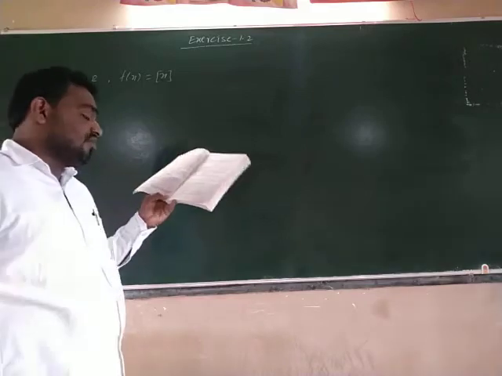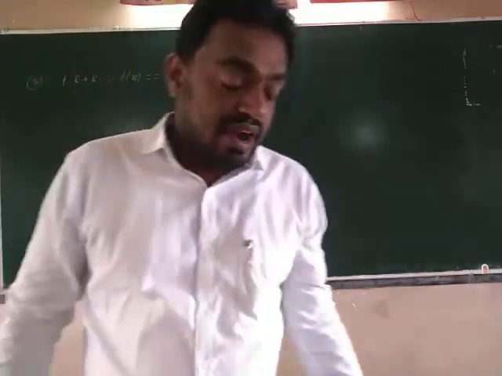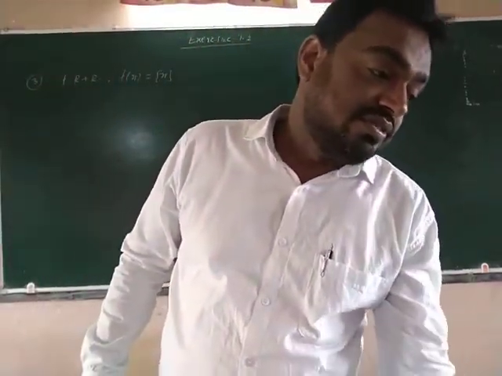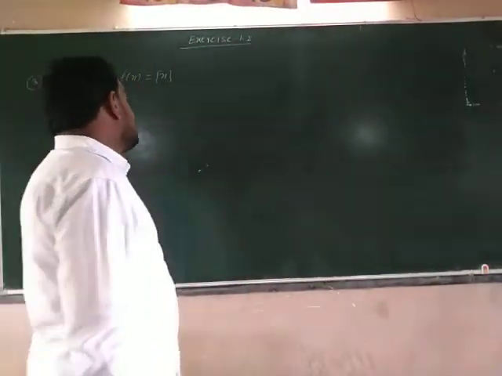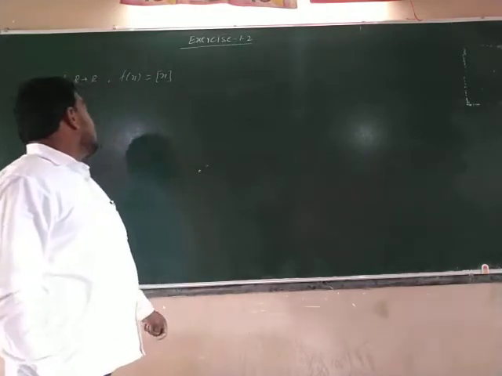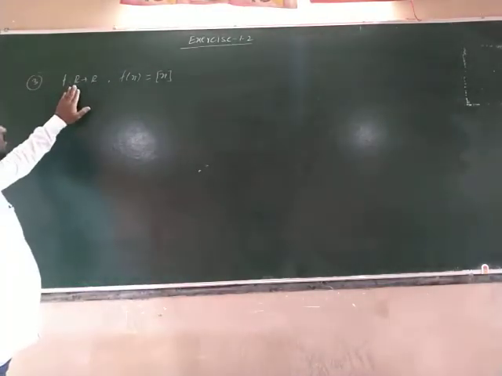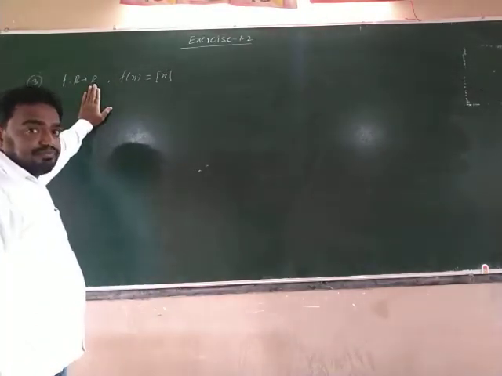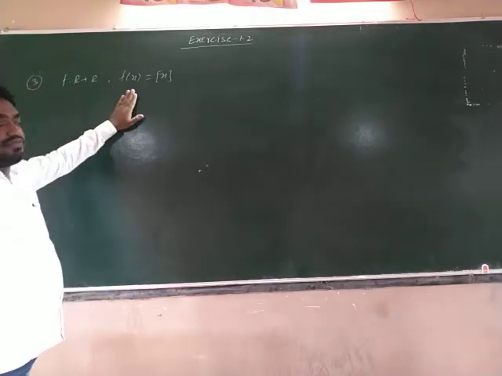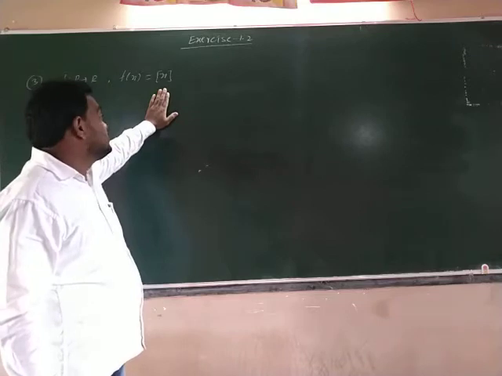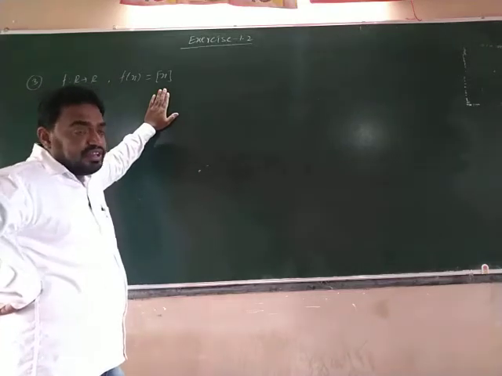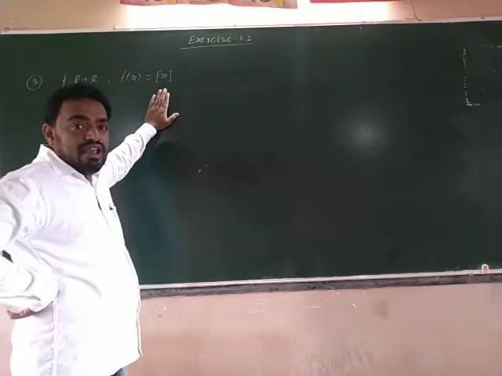The greatest integer function, the step function, we already have the definition in first PUC. This function is defined from R to R, real number to real number, as f of x is equal to the greatest integer of x. That means this is the step function of x, giving only integers.